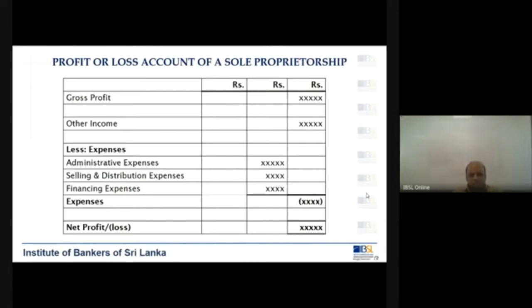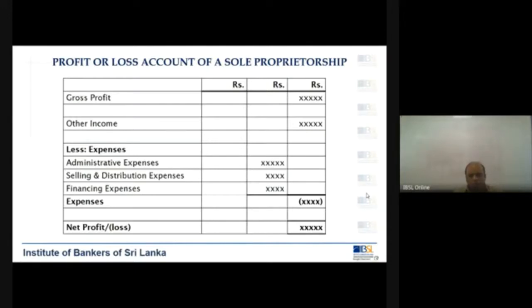Sometimes, if you want to make more sales, you might have to get some salespeople to do it for you, so you might have to pay some sales commission. Then if you are using a vehicle for distribution to your customers, all the expenses of that vehicle are considered distribution expenses.